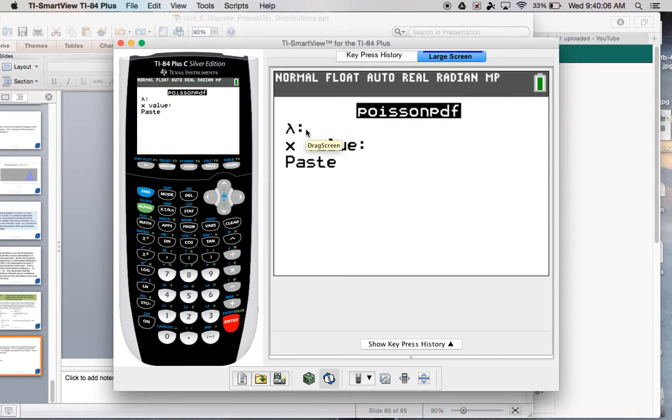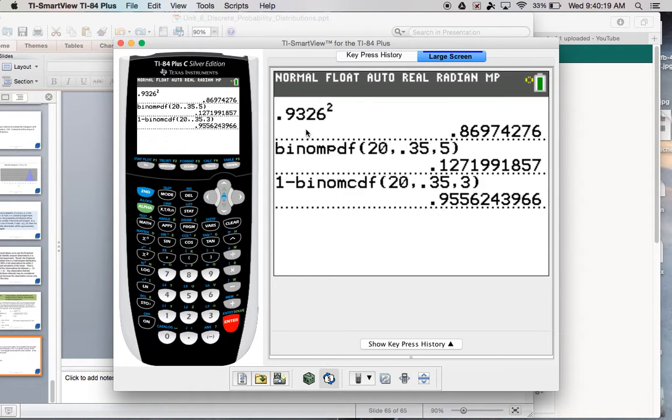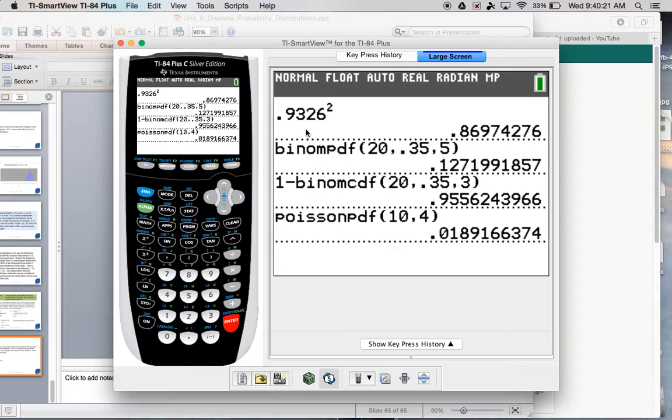So let's just suppose our mean, type the value of u, was 10. The number of successes would be 4. And then you would get the probability of 0.01 or 1%.